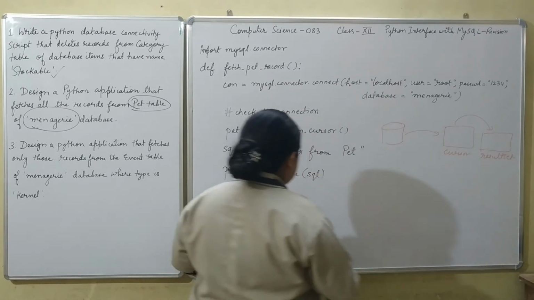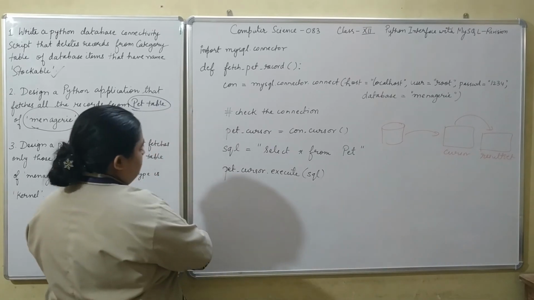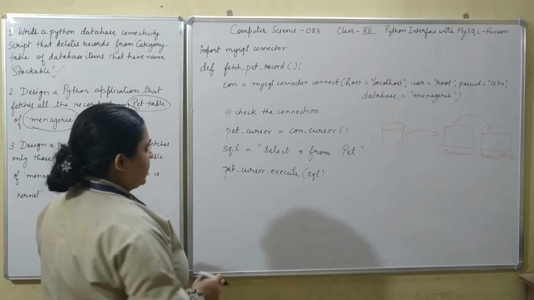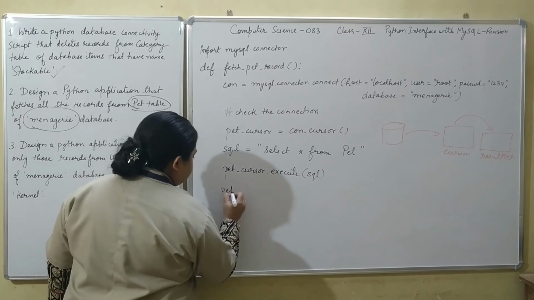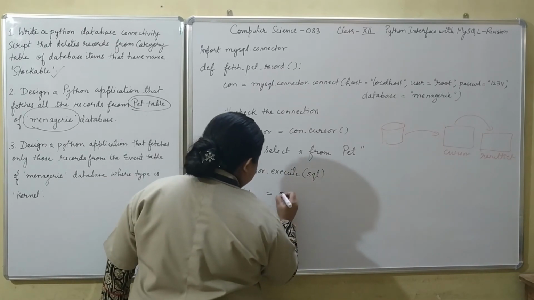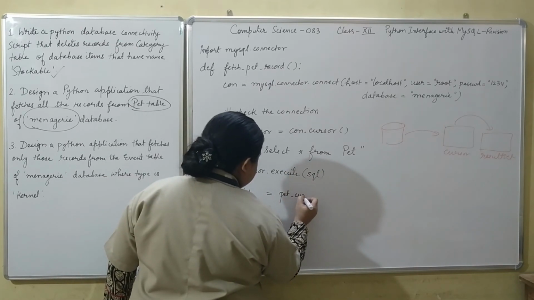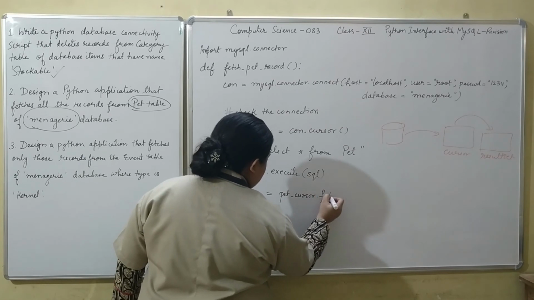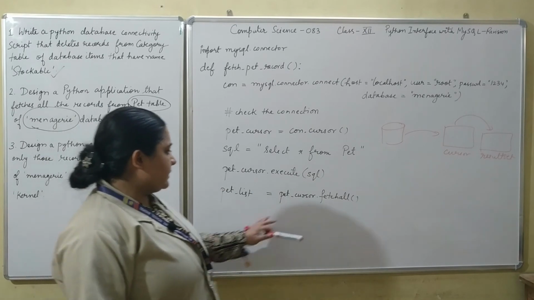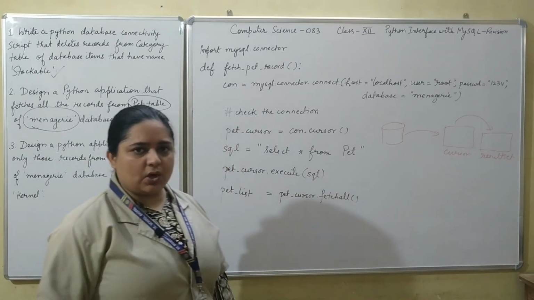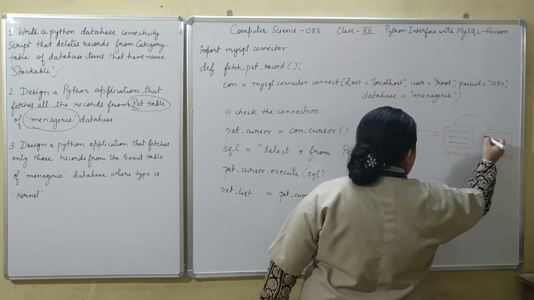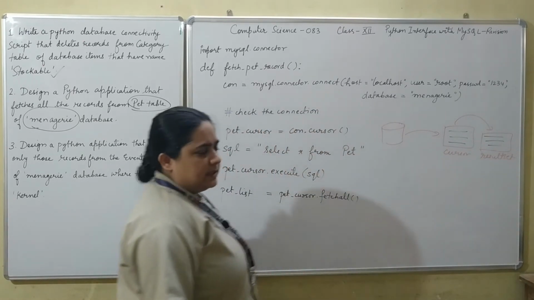So how to do that? For result set, we need to again use a result set object, and that would be a list object. So I am naming that as pet list equals pet cursor dot fetch all. So this pet cursor dot fetch all is going to fetch all the records which are there in the cursor, and it will bring it into the result set.